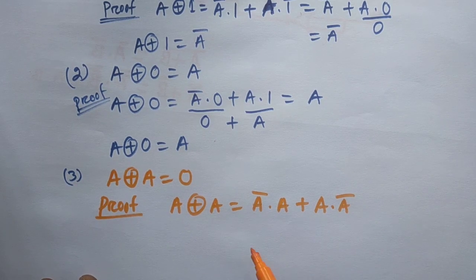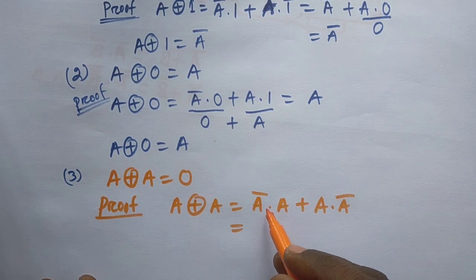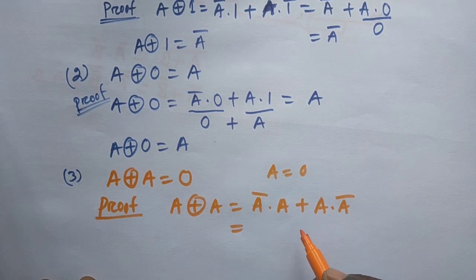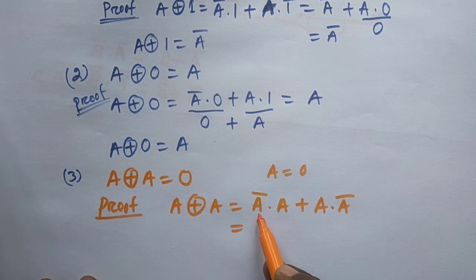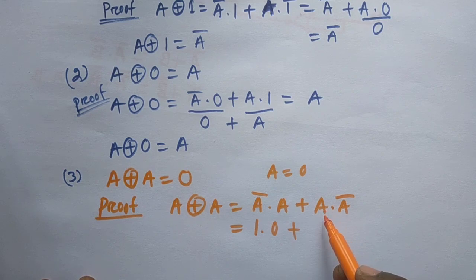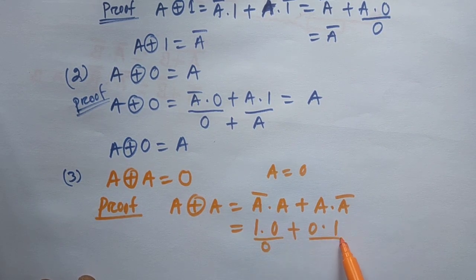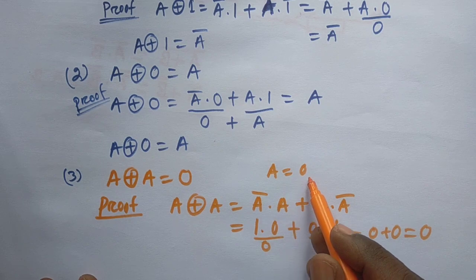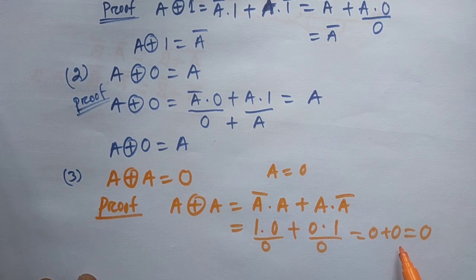Now we see whatever the value of a, let us consider a is 0. Okay, a is 0, a complement means 1. A complement dot a is 1 dot 0, that is 0, plus a is 0 into a complement is 1, so this will be 0, this will be 0. So 0 plus 0 is equal to 0. Here a value is 0, then the result will be 0.